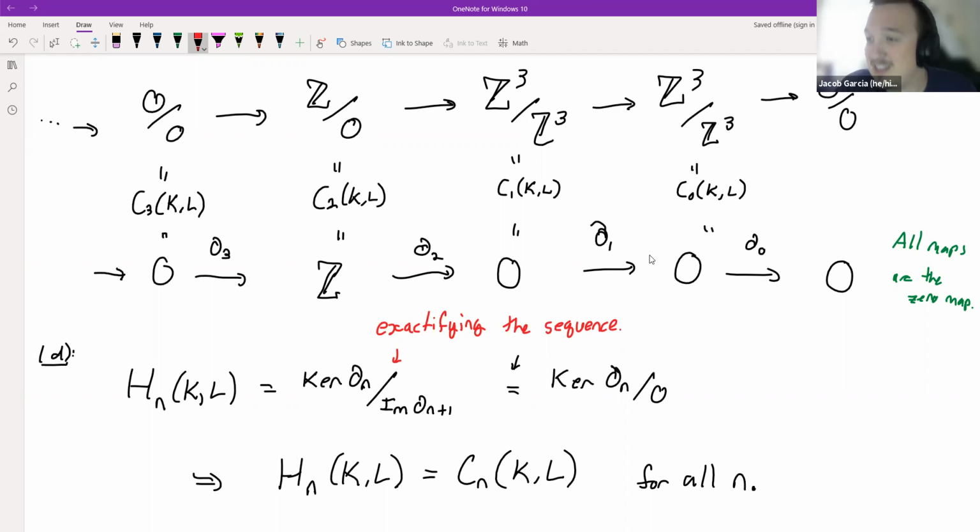But this is telling us that this sequence is already exact, so therefore it's already the homology. Also, exactifying is just a fun word to say.